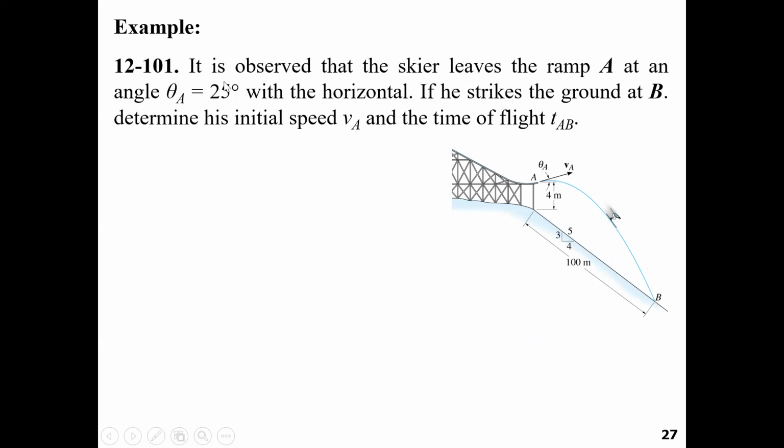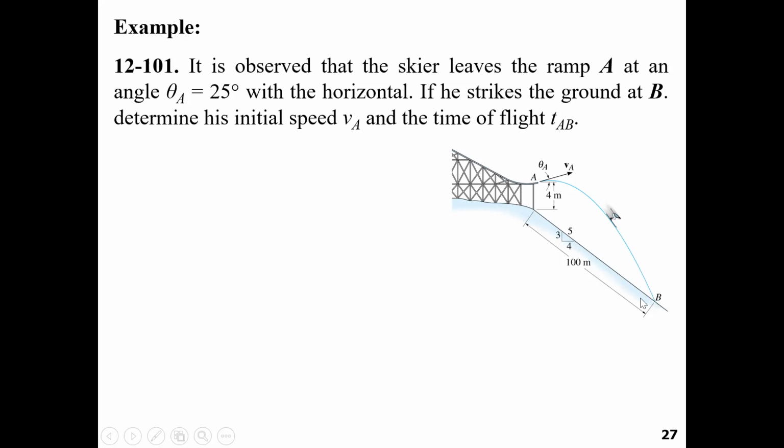The initial angle is 25. The initial velocity we don't know. But as this guy goes up and flies here freely, I don't know if fly is a good word, but moves freely under the influence of gravitational acceleration, it hits the ground here at B.